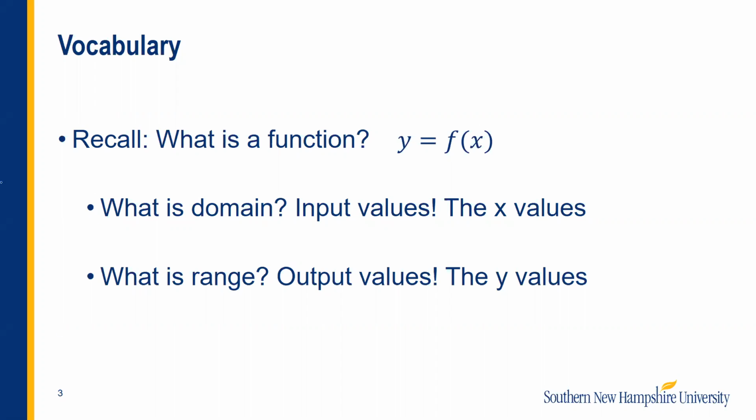So when we think of domain, that's your input values. Domain are your x's. So if we think of a graph, the x-axis is horizontal, left to right, and the y-axis is up and down. If you have some sort of graph, you can see that x is doing something as it goes from left to right, and then what is y doing as a result?